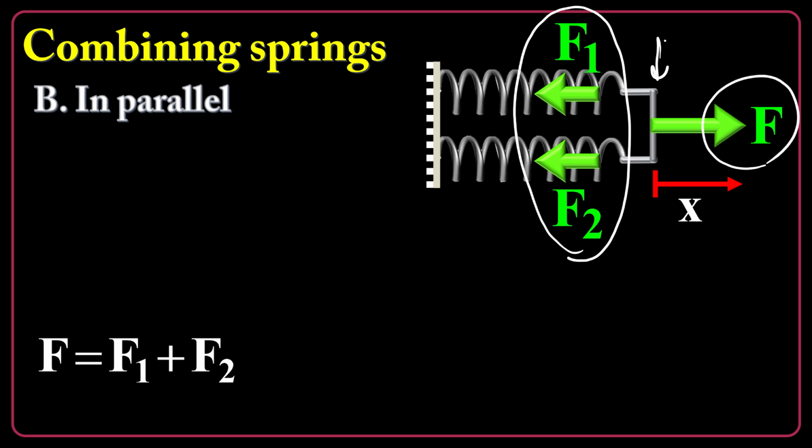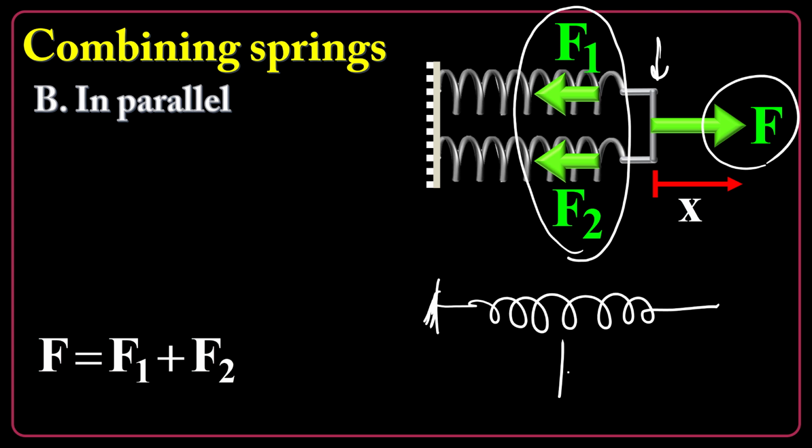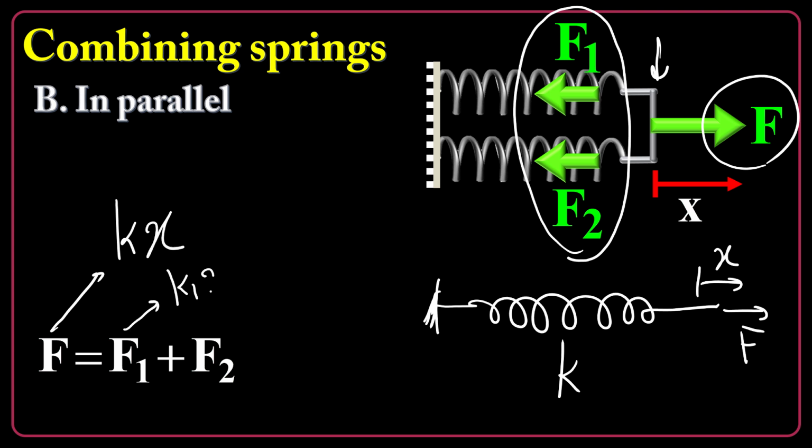Now I continue by substituting F1 and F2. As in this black box, I have an equivalent spring constant of K. So if I apply a force and the extension is to be X, F would be Kx. But F1 is K1x, F2 is K2x. Why the same x for the three of them? Because they are in parallel.